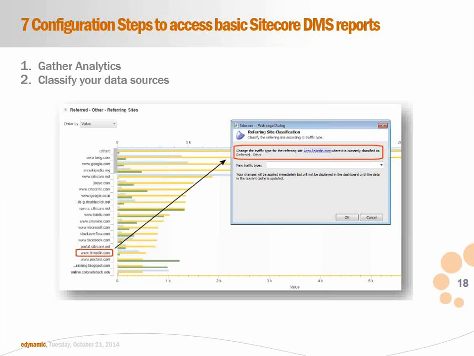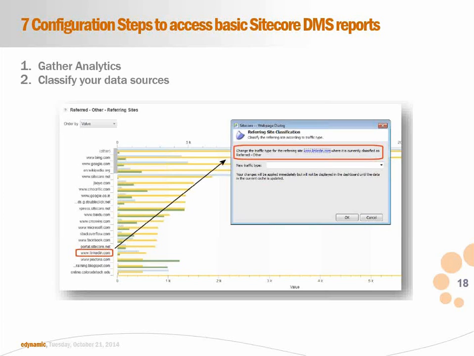You need to make sure how you are configuring it. So this gather analytics step will give you basic data within Sitecore DMS. Now you have started to collect the data. Let's move on to the next step.